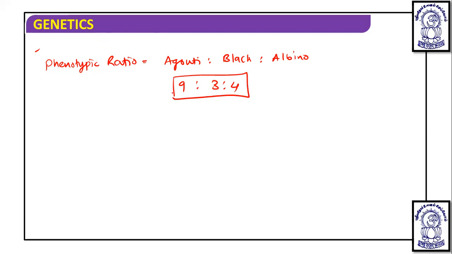Okay, so this is supplementary gene. For agouti, both A and B supplement each other, and only then will agouti be produced. So that is supplementary gene interaction.